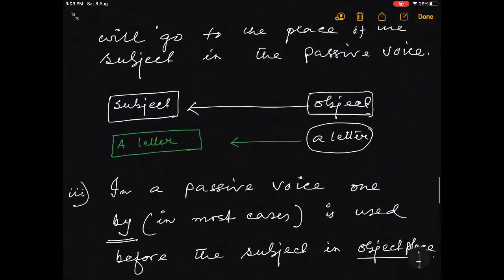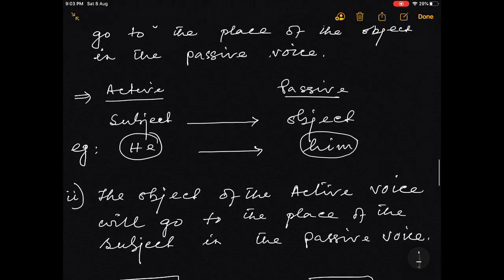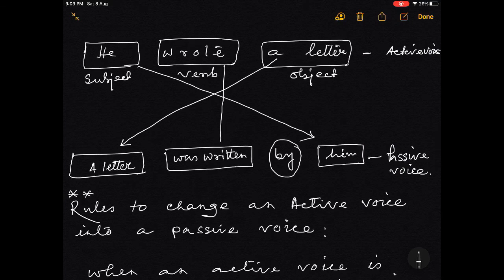One auxiliary verb is used. You see here, this is the auxiliary verb.